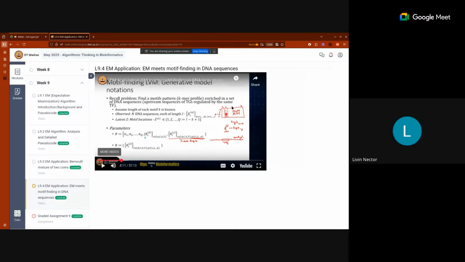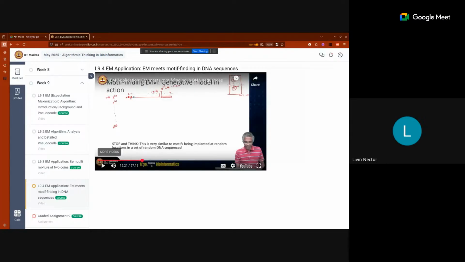So similarly, it's a more complex version of that EM, right? A latent variable model, slightly different from the conventional mixture model, right? But the concepts are the same. So that's how we are using this EM algorithm here.